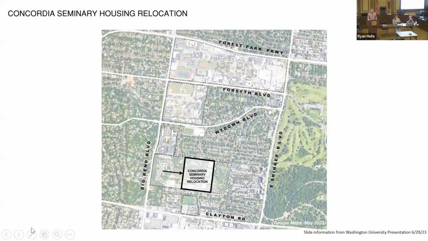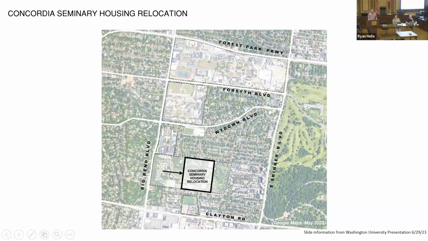So the first step of this entire project or proposal, the first phase, if you will, is the relocation of the housing on the Concordia Seminary property. So right now, there's a lot of multifamily and some single family housing that's located off of Founders Way, interior to their site.